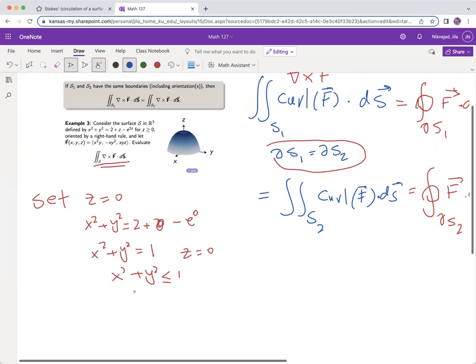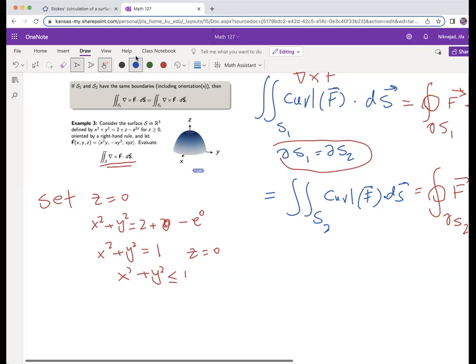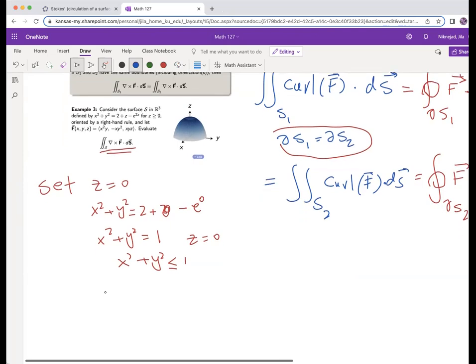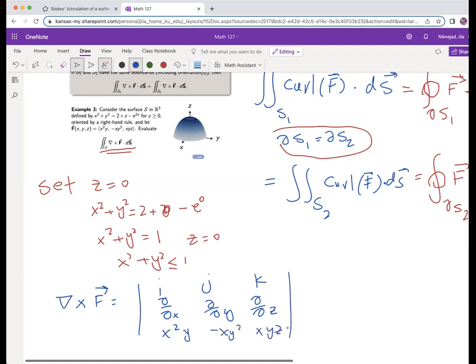First of all, let's compute the curl of F. The curl of F is the determinant with i, j, k, partial with respect to x, partial with respect to y, partial with respect to z, of x squared y, minus x y squared, x y z.